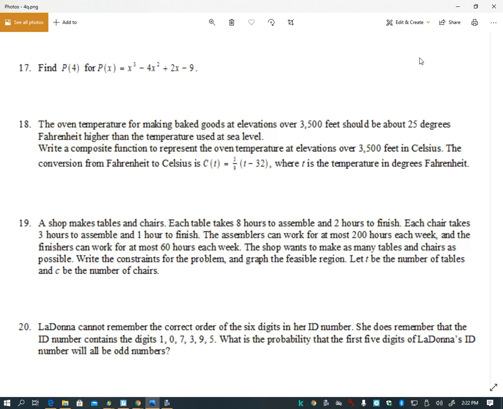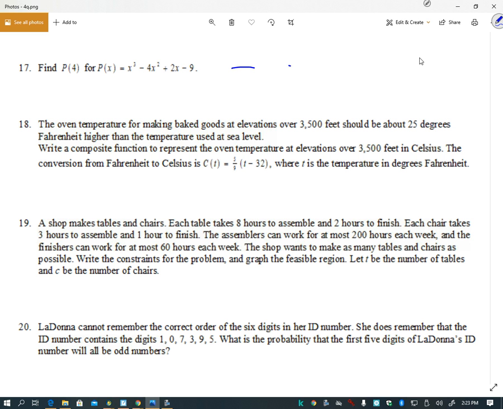Okay, LaDonna cannot remember the correct order of the 6 digits in her ID number. Okay, 6 digits. She does remember that the ID number contains the digits 107395. What is the probability that the first 5 digits of LaDonna's ID number will be odd numbers? The first 5 digits. Okay?